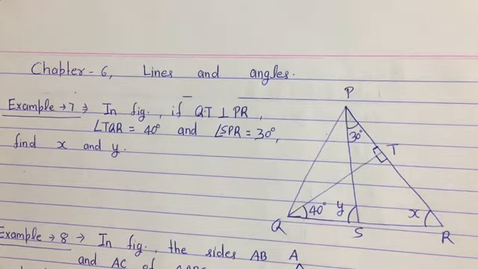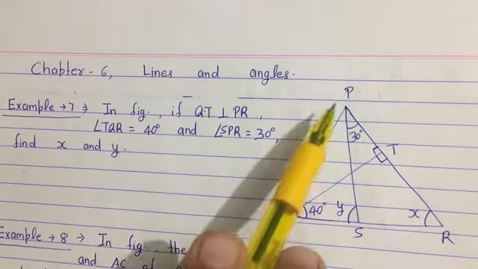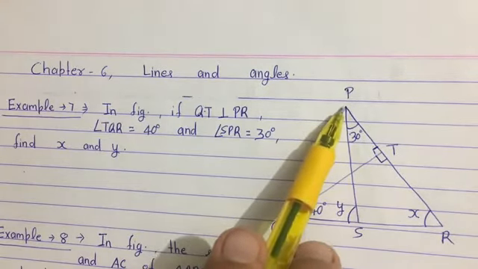If we extend any side of a triangle, then we obtain the exterior angle, and that exterior angle will be equal to the sum of the interior opposite angles. Okay, that is a very important concept, and we will use that concept here.